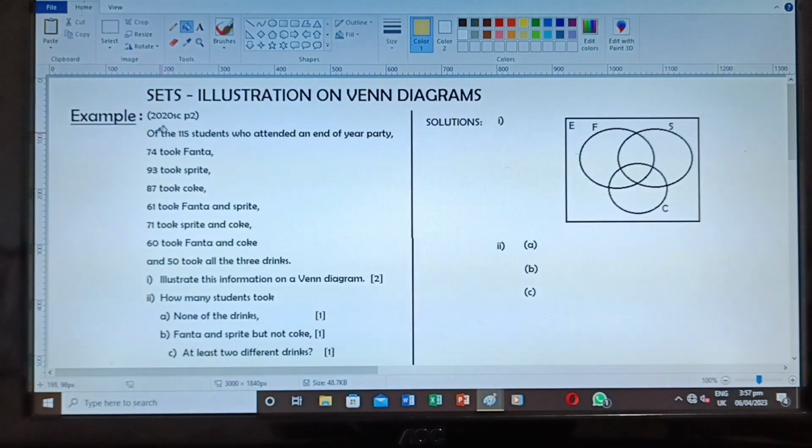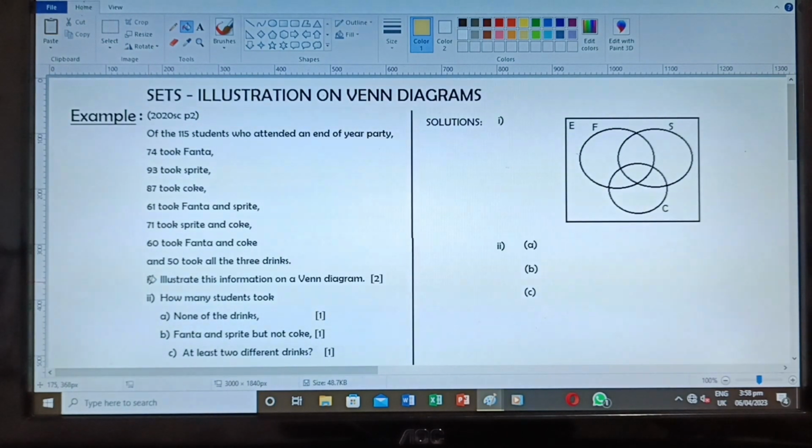The question has been derived from the Examination Council of Zambia 2020 School Certificate Exams in Paper 2. Of the 115 students who attended an end-of-year party, 74 took Fanta, 93 took Sprite, 87 took Coke, 61 took Fanta and Sprite, 71 took Sprite and Coke, 60 took Fanta and Coke, and 50 took all the three.